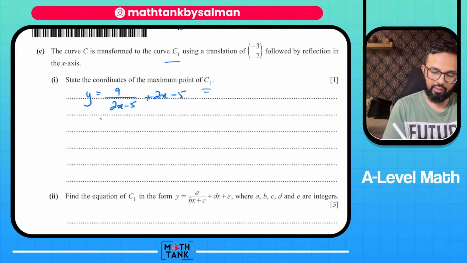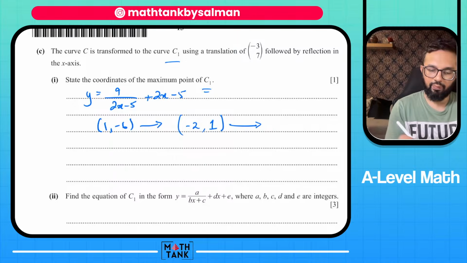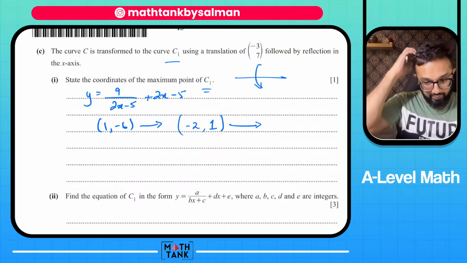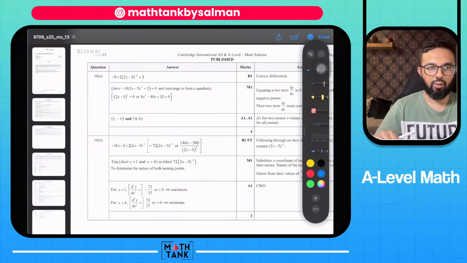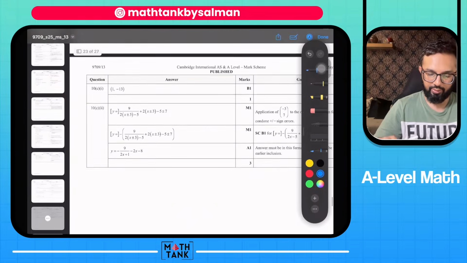So let's translate that first. 1 comma minus 6 should become 1 minus 3 will give me minus 2, and minus 6 plus 7 will give me 1. And then I want to reflect it in the x-axis, which means that the y coordinate will shift. If it's positive, it becomes negative. So I have minus 2 comma minus 1. Okay, I hope that is the correct answer.